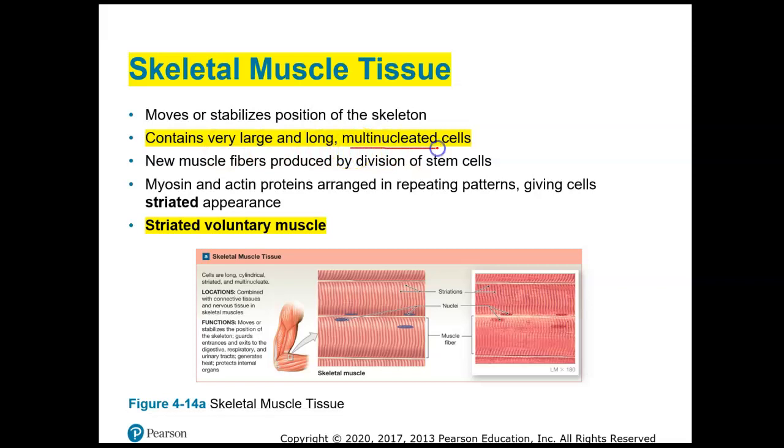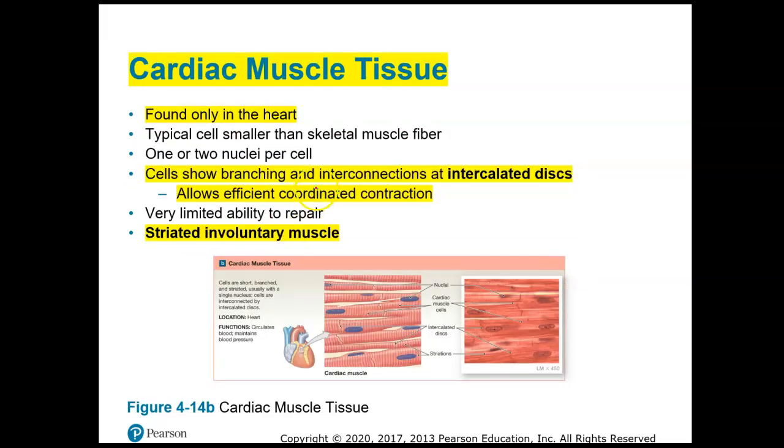They have many, many nuclei per cell. So very long cylindrical cells. They're striated, meaning that they have the striations or stripes that form from the overlapping of the actin and the myosin within the muscle cells. And then skeletal muscle is voluntary. So make sure you know that about skeletal muscle and then just be able to recognize it.